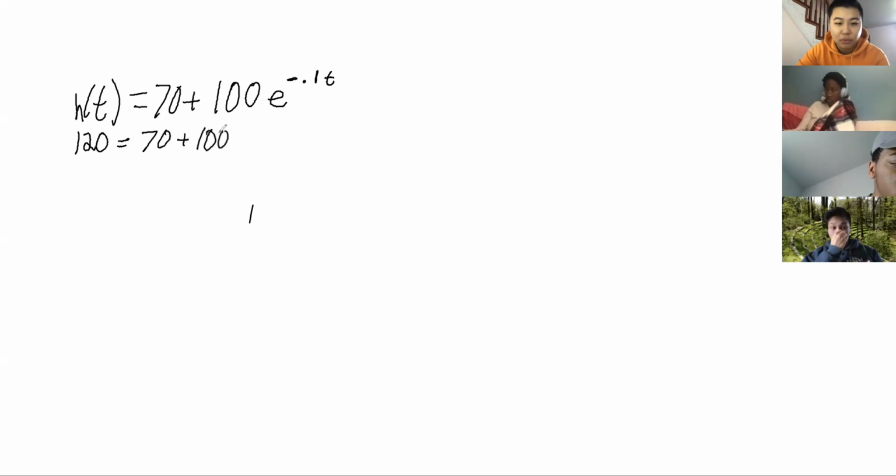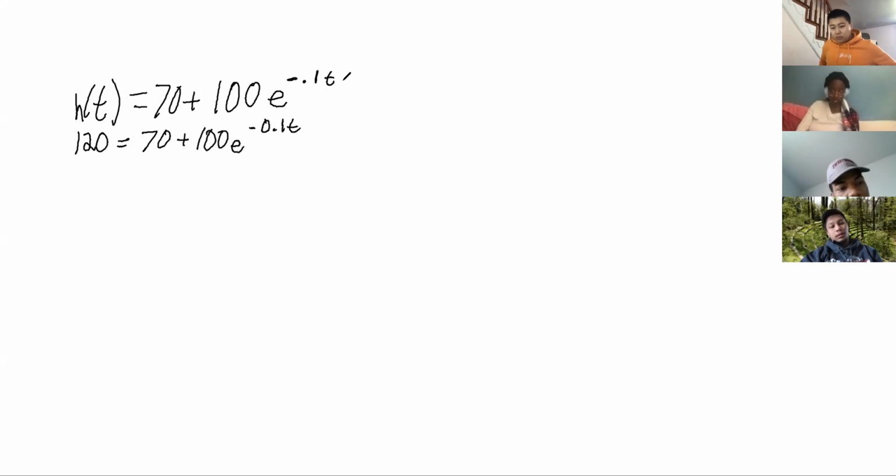For the temperature difference to halve, we're going from 170 down to 120. So we plug in 120 for h of t, so h of t on the left side equals 120. We're just going to use arithmetic rules to isolate the t. Subtract 70, we get 50.